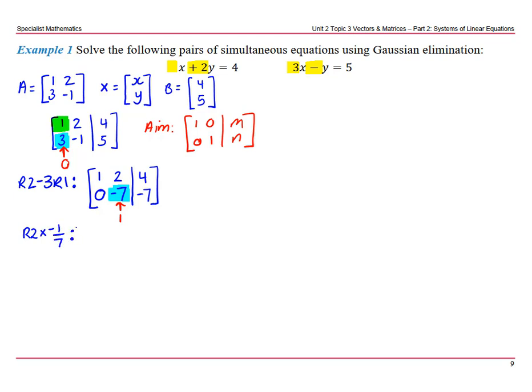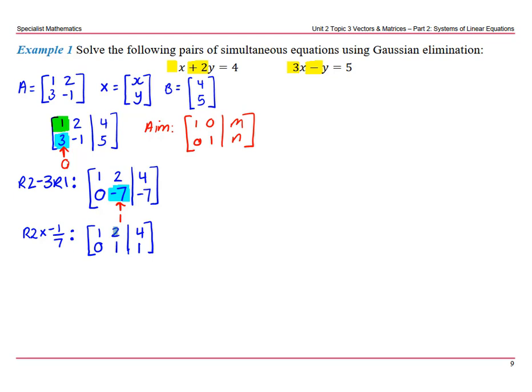Or if you want to think about it as dividing by -7, but we're always multiplying. So our first row again remains the same. We're not touching it. I'm going to multiply the second row by -1 over 7. So that makes that 1. -7 times -1 over 7 is 1. So we have our second row exactly how we want it.